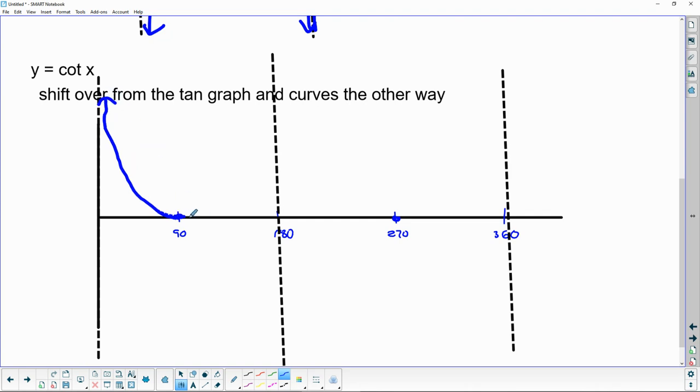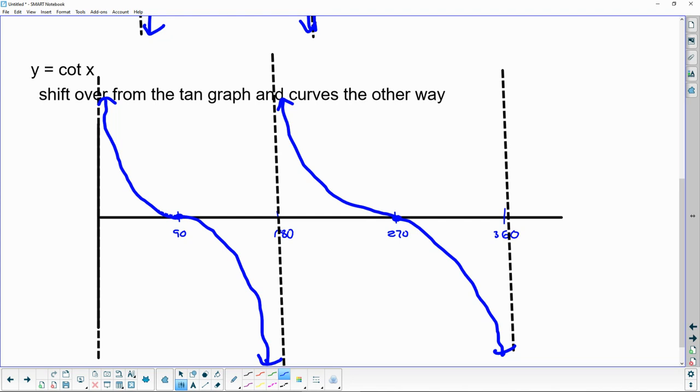Like that, and then this one will go like that, and then this one would go at the 270 mark, you'd go up towards 180 again. And then down. So if we're doing the tan graph, it would be connecting here at the 180 mark and the 0 mark and curving differently. Okay.